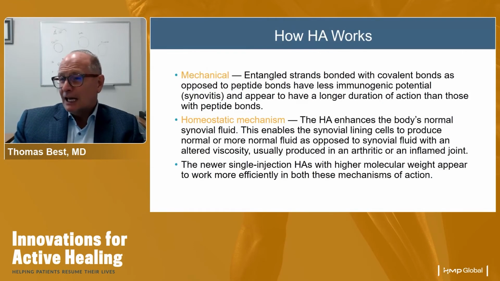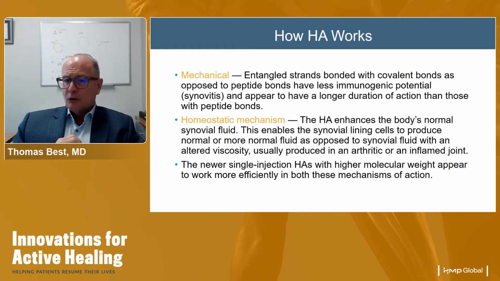So again, how does hyaluronic acid work? Well, first of all, you have these entangled strands that are bonded with covalent bonds as opposed to peptide bonds. And this has an important role in terms of synovitis. And we'll talk more about that when we talk about the potential for phenotyping patients with osteoarthritis. And we certainly see this in clinic.